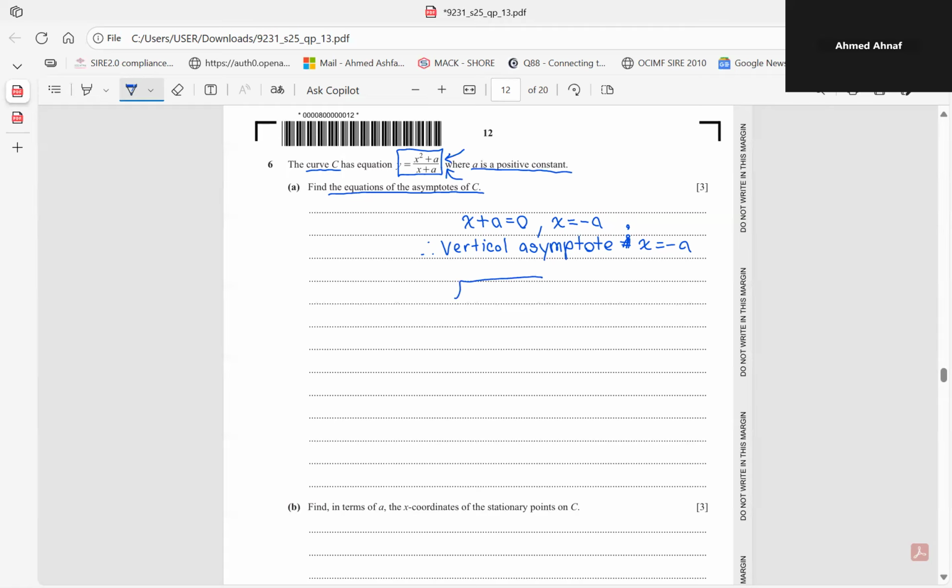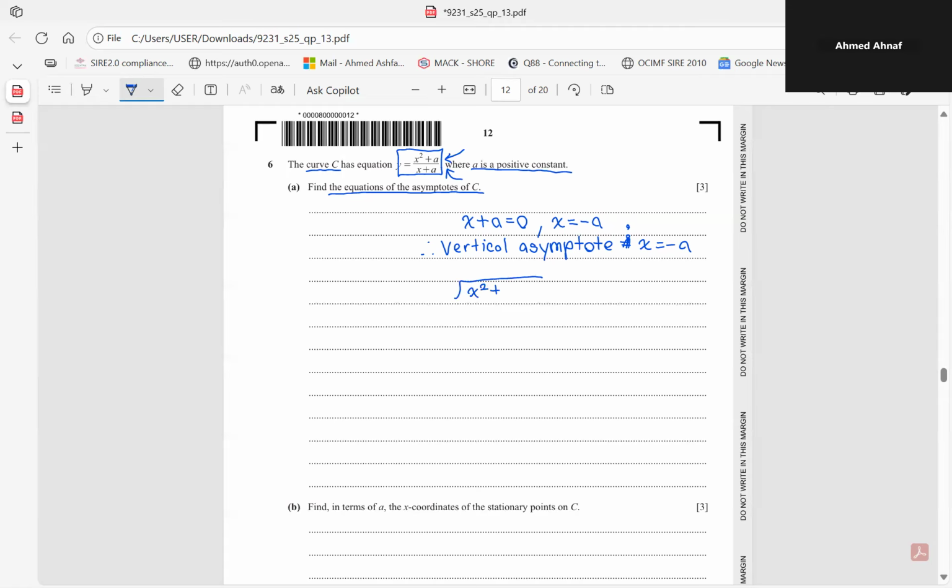So x squared plus 0x plus a, divided by x plus a. Okay, so this one is minus x squared plus ax. So you have to put x in here. This is minus ax plus a, and this would be also minus ax.